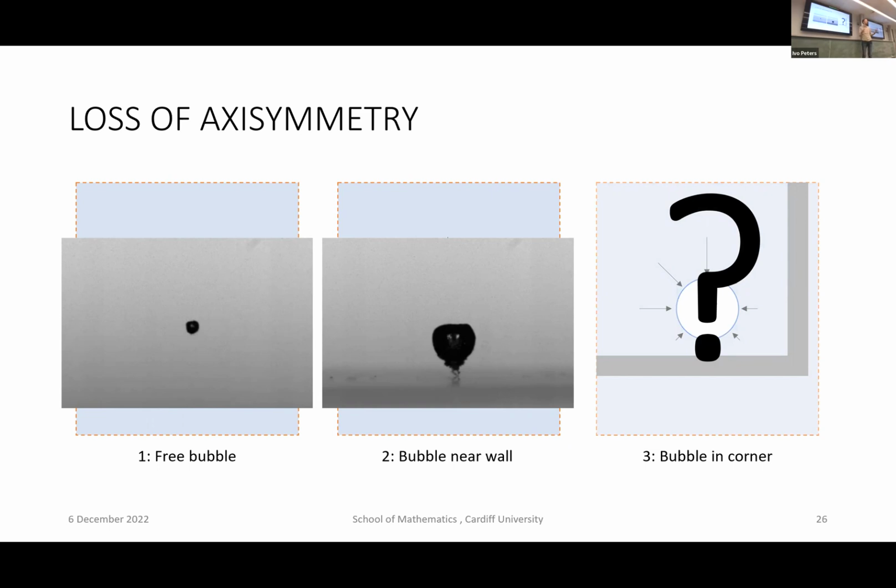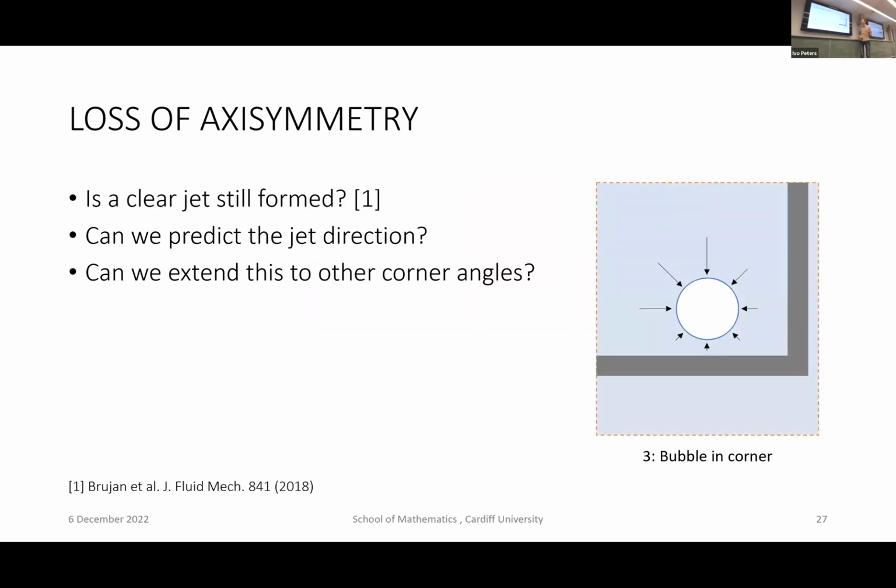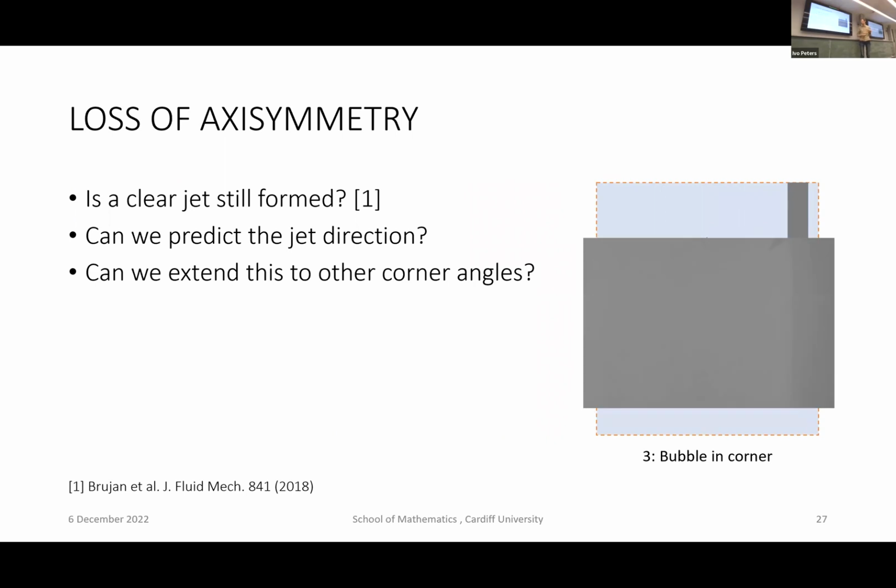Right? So one of the first questions you might ask is, do we still get a jet like this? Because this jet, the structure is axisymmetric. And there's no specific reason why this would generate a structure which is axisymmetric. It actually does. So a jet is still formed, and it is fairly axisymmetric. Look at the shape of this bubble.